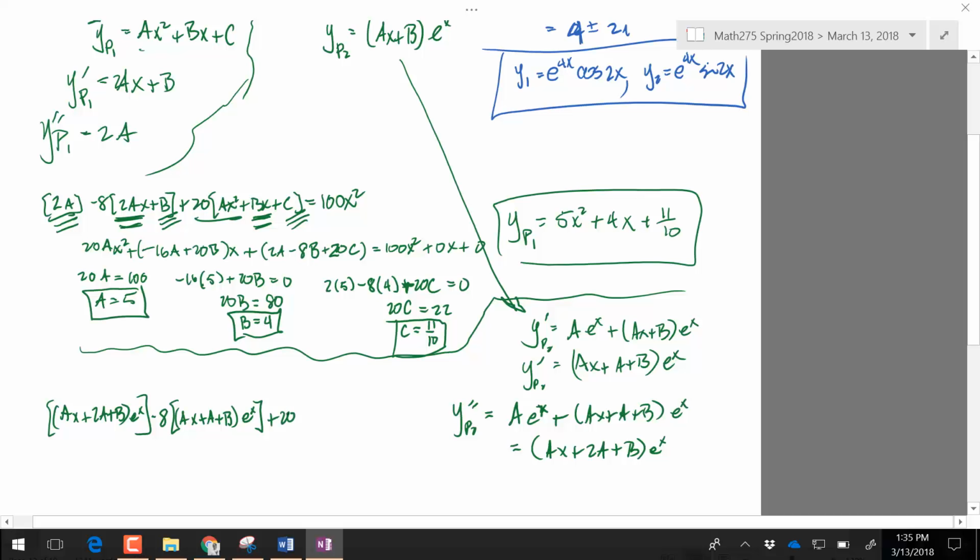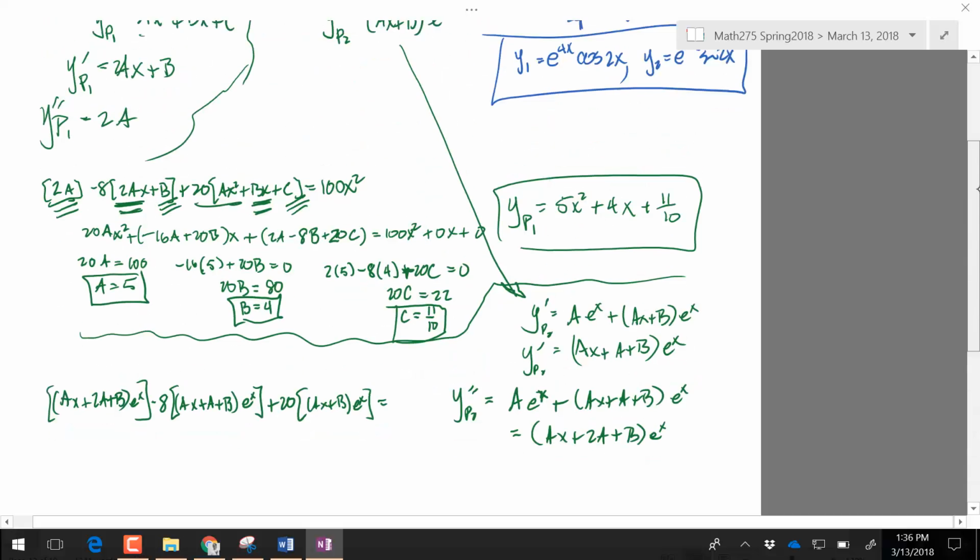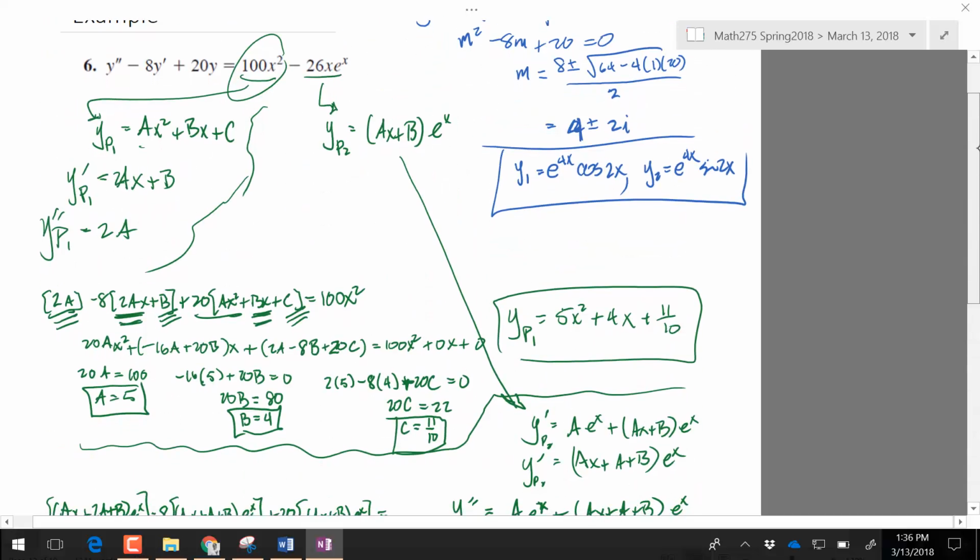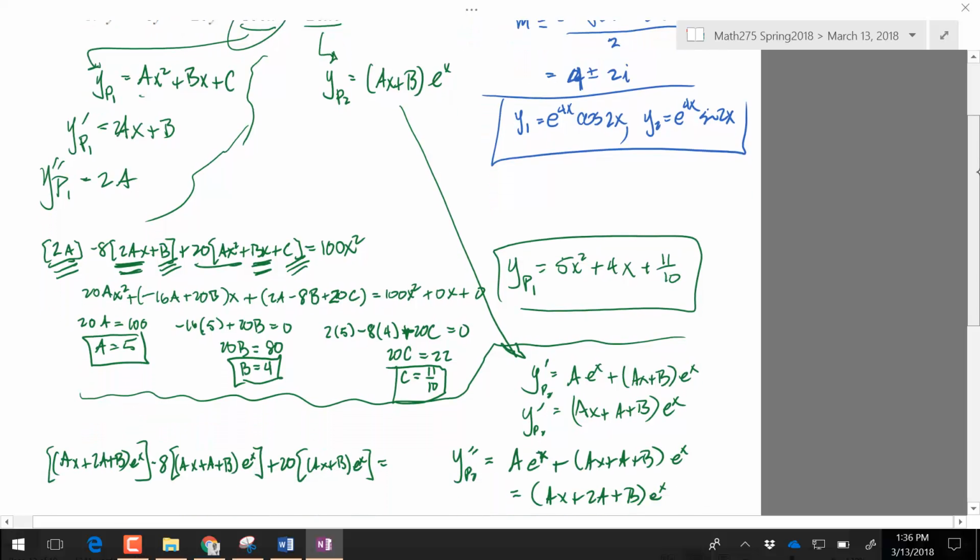And then we have 20 times y, which was ax plus b times e to the x. And this is going to equal negative 26x times e to the x.